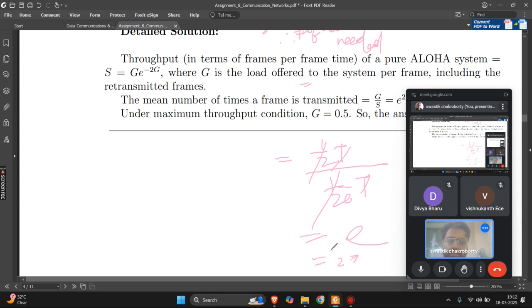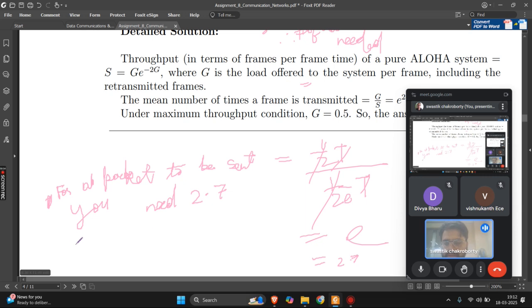So for a packet to be sent, you need 2.7 attempts on average.